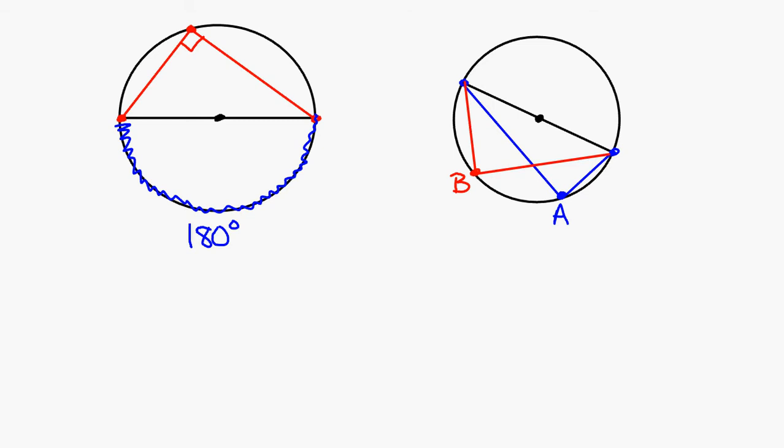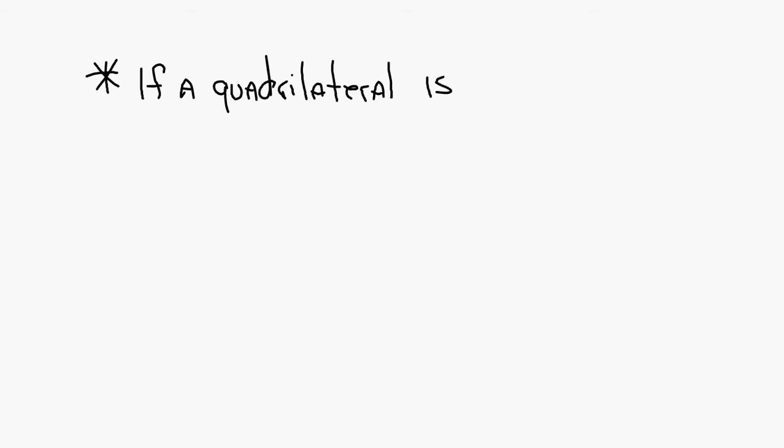All right, so let me give you one more theorem, and then we'll do some example problems that relate to both. On page 726, Theorem 10.9, if a quadrilateral, that's a shape of four sides, is inscribed in a circle, then its opposite angles are supplementary.